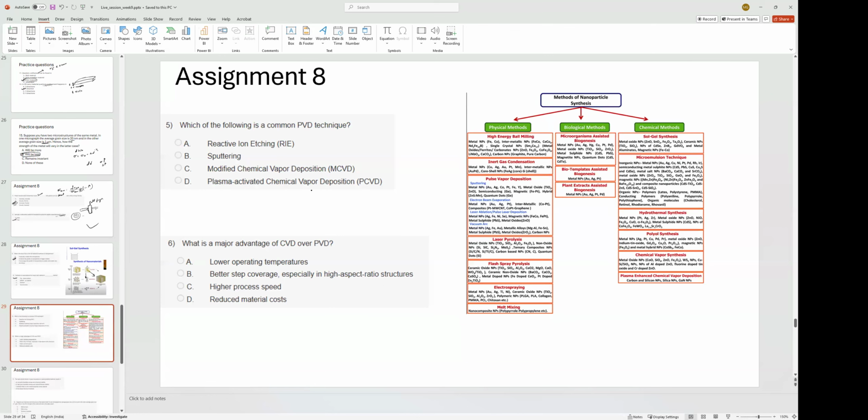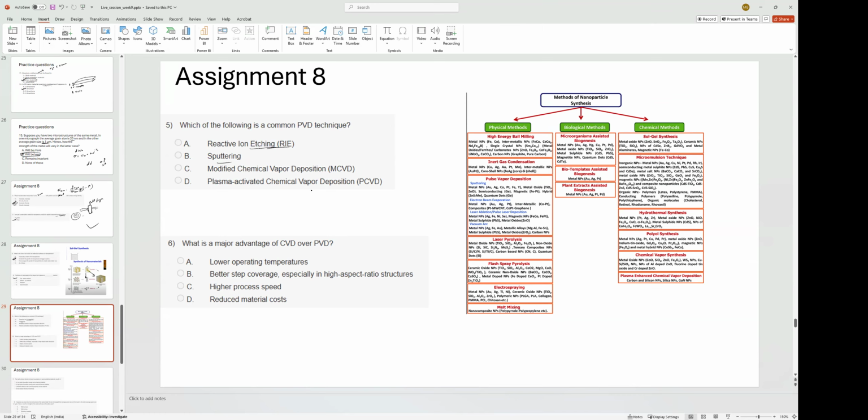Reactive ion etching, this etching is a different method. I don't think they mentioned it here, but etching is a different process.